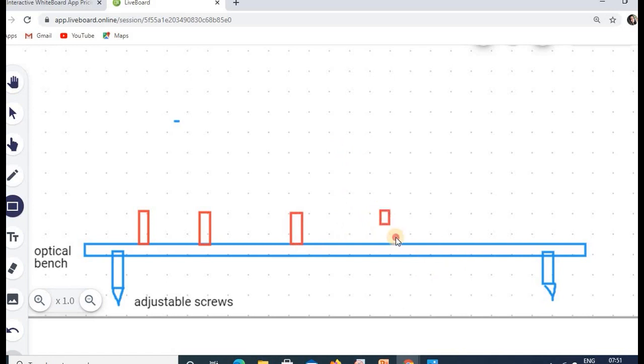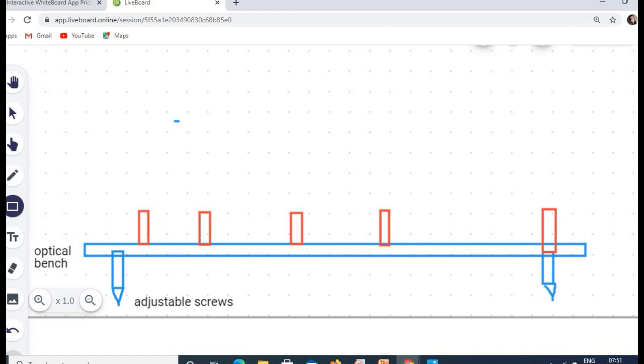This is the fourth upright, and this is the fifth upright. Before that, these uprights can be rotated in their own plane by means of a rack and pinion arrangement, so that the slit and the edge of the prism can be made parallel.